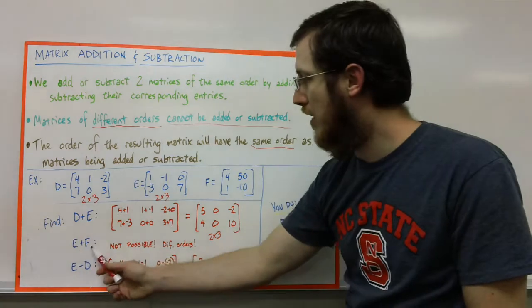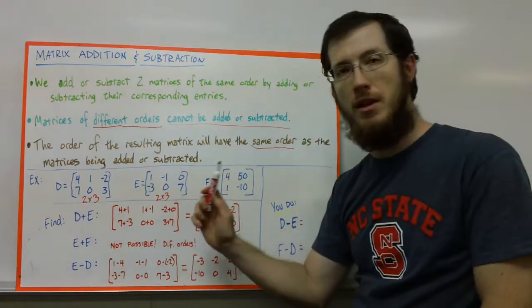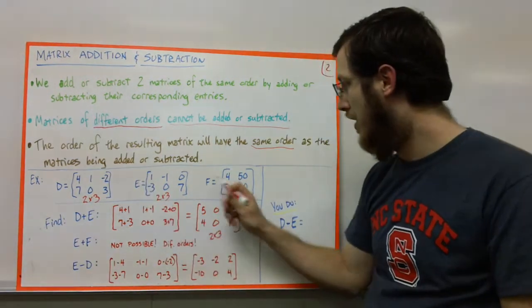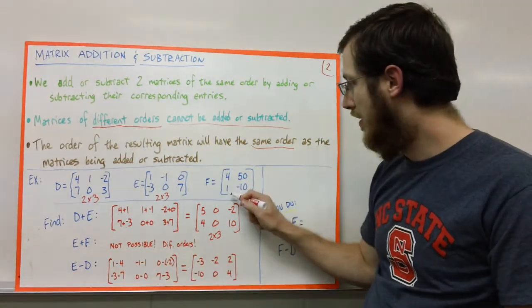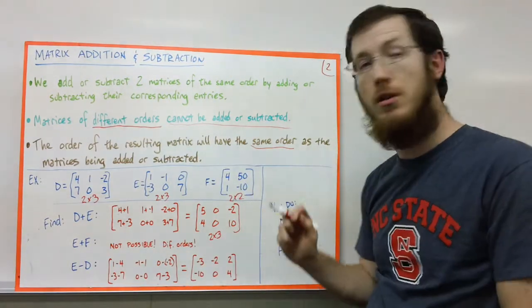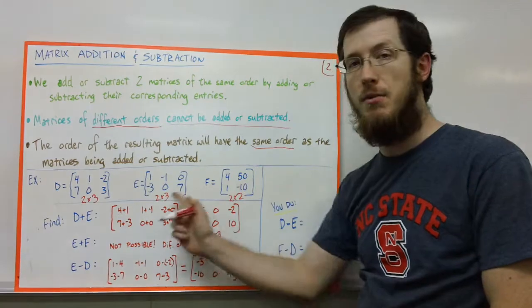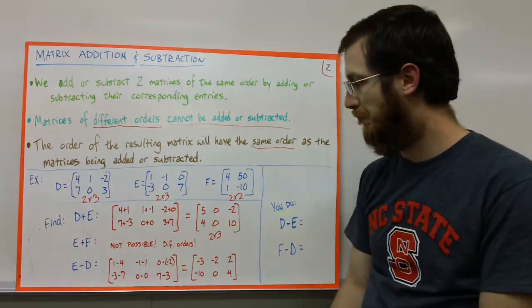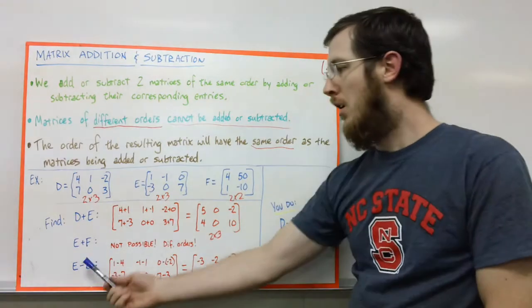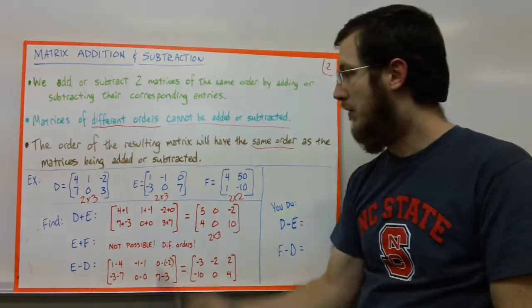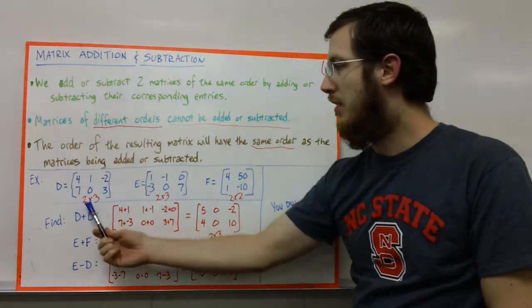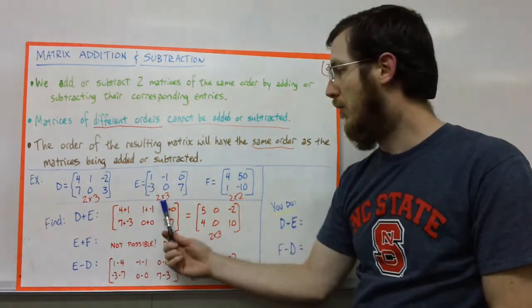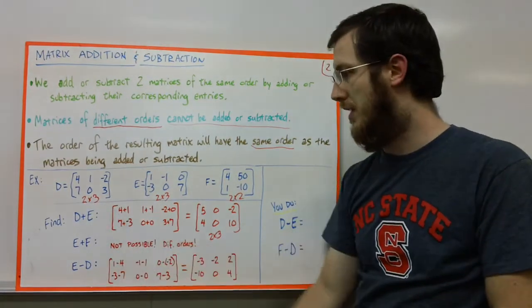If we're asked to do E plus F, again, we check our order first. E is a 2 by 3, F is a 2 by 2, therefore they don't have the same order, so we cannot add them. It's impossible to add those two. Subtraction, E minus D. We take matrix E and subtract matrix D. We've already checked their orders in the first example.